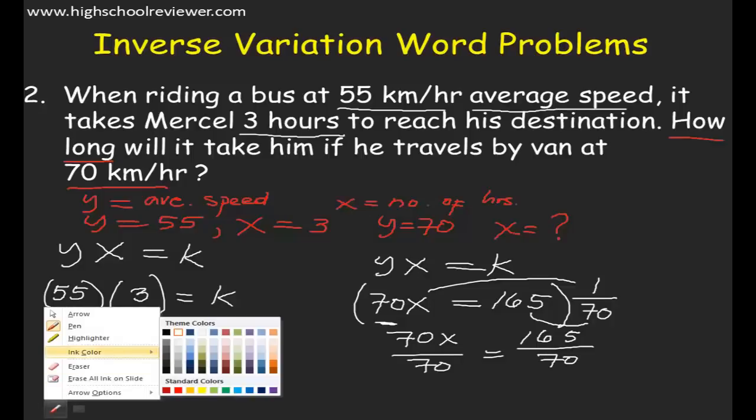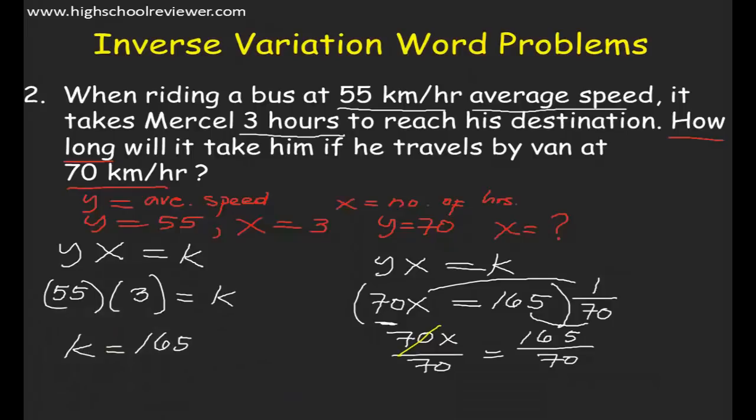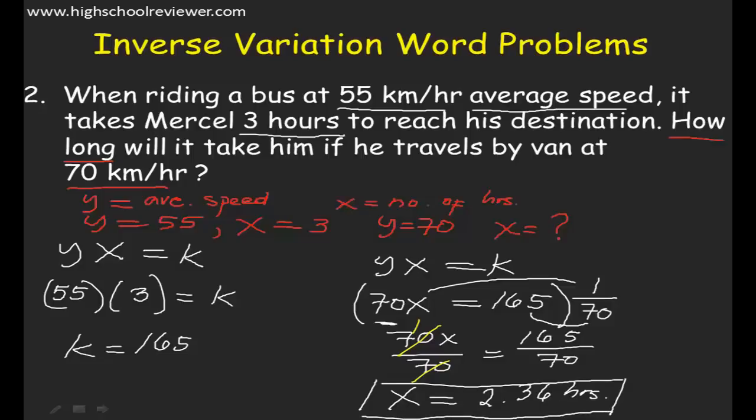Now 70 divided by 70 is equal to 1. So 1 multiplied by X will be equal to X. And 165 divided by 70 will be equal to 2.36. And our unit here will be the number of hours. So it will take 2.36 hours, okay, if Marcel will travel at 70 kilometers per hour.